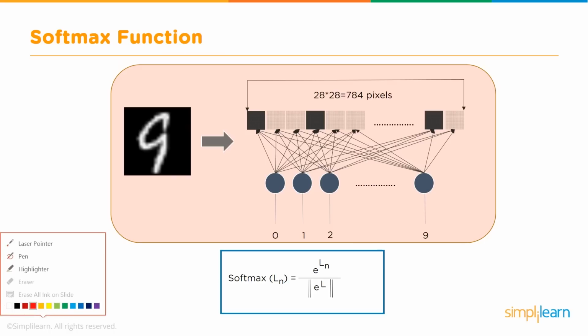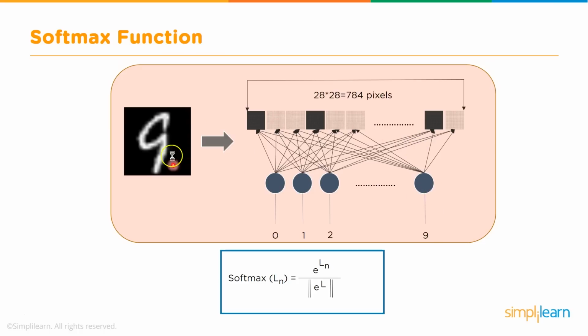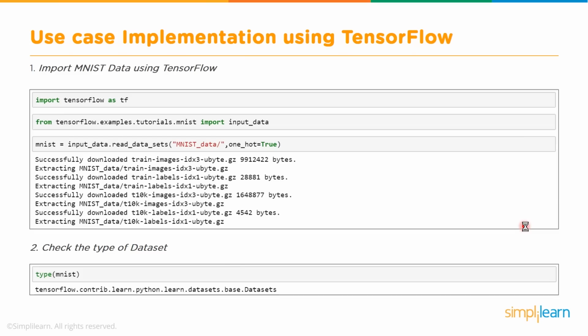Let me just use a pen or a laser to show you here. Okay, so you're feeding a number 9. Let's say this has been trained, and now if you're feeding a number 9, this will get activated. Now let's say you feed 1 to the trained network, then this neuron will get activated. If you feed 2, this neuron will get activated, and so on. I hope you get the idea. So this is one type of neural network or activation function known as the softmax layer. That's what we will be using here. This is one of the simpler ones for quick and easy understanding.